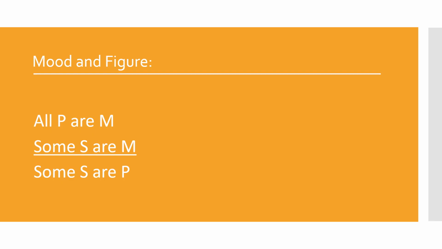All P's are M's, some S's are M's, and some S's are P's. Now, if you stop and think about this, the mood is fairly simple. My major premise is an A claim, my minor premise is an I claim, and my conclusion is also an I claim, a particular affirmative. So the mood of this argument is simply AII.